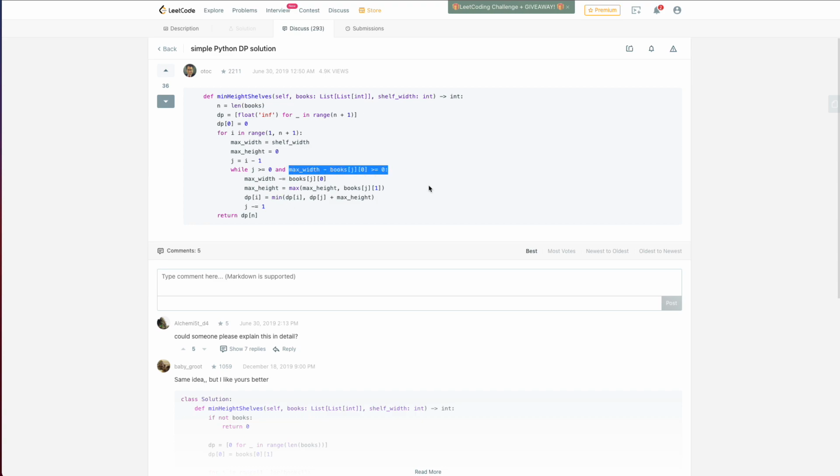And I guess then if you break this, then you have to put a book on the next shelf, so you would do that update here when you go to the next iteration, because then your I would increase to the next book, but then your look behind would say your maximum height is going to be this, which would be infinite on the new layer, and then DP of J will have basically the previous height plus the height of your book if you have to add a new layer.